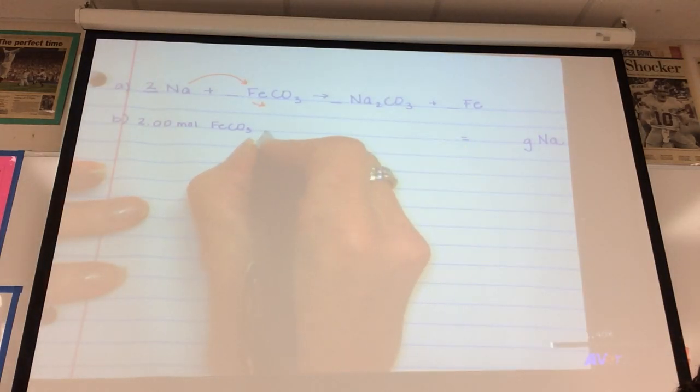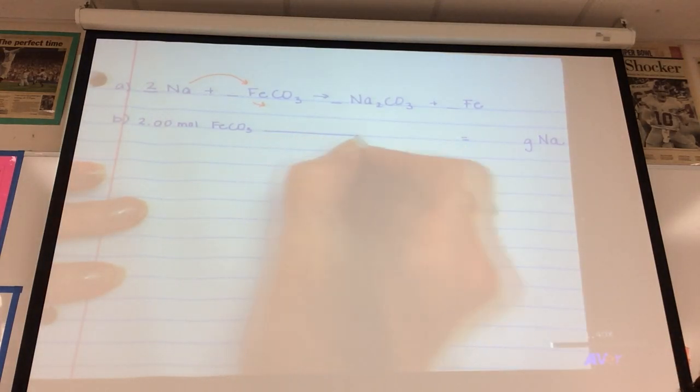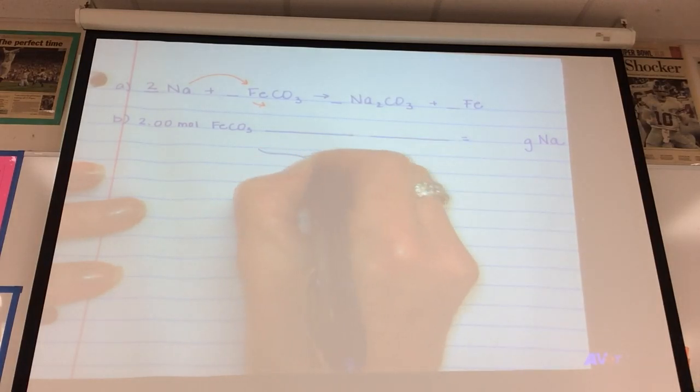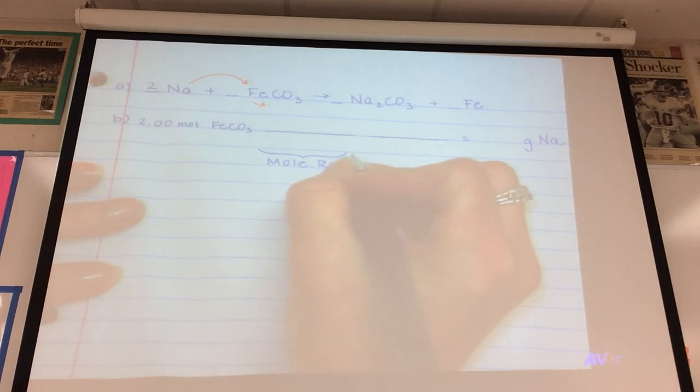If you are ever given moles and you want to get to another substance, your first step will always be the mole ratio from the balanced equation. That's the new piece you learned today.